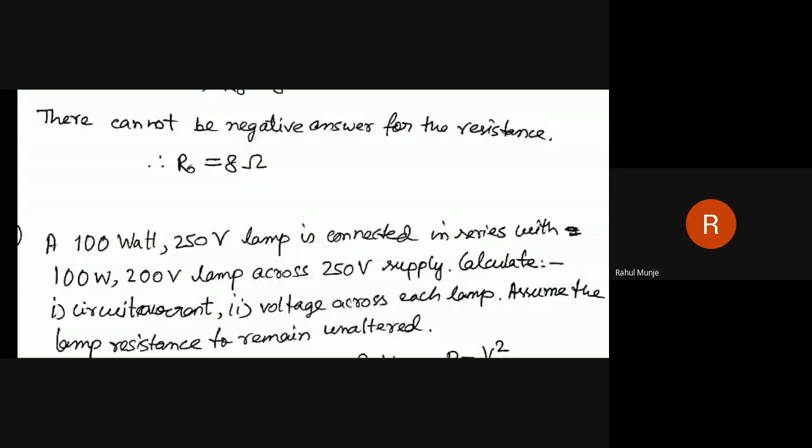So calculate the resistance for both lamps: R1 for the first lamp and R2 for the second lamp. You find the resistances from the watt and voltage ratings. First, you do this.